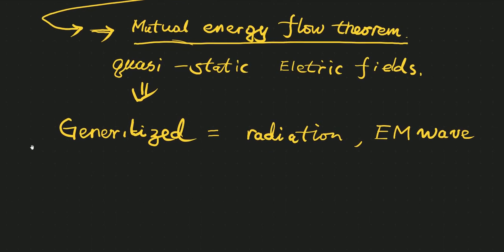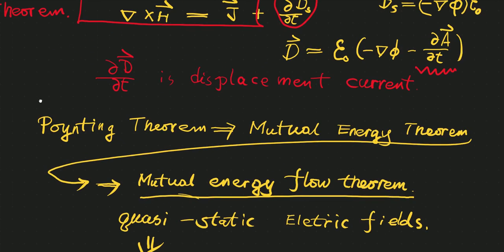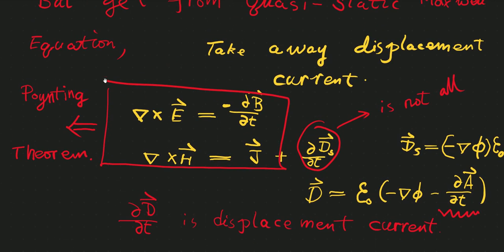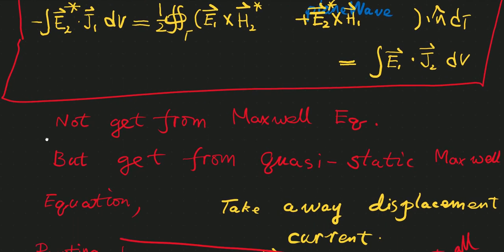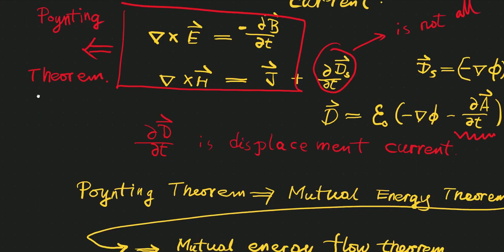What does this mean? This means our mutual energy flow series is not got from Maxwell equations. It is got this way.